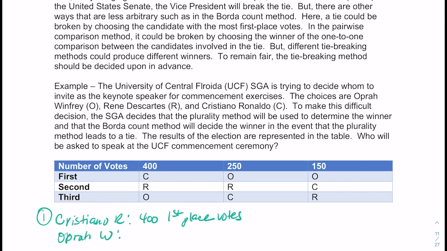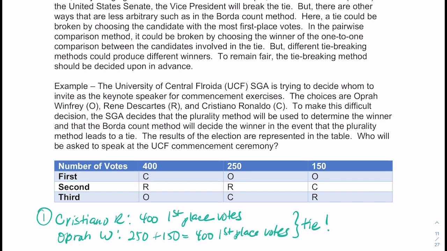Looking at the first line, we see Oprah got 250 plus 150, or 400 votes as well. And we can also see that Rene Descartes, poor Rene, didn't get any first place votes. So there's actually a tie here between Cristiano and Oprah.